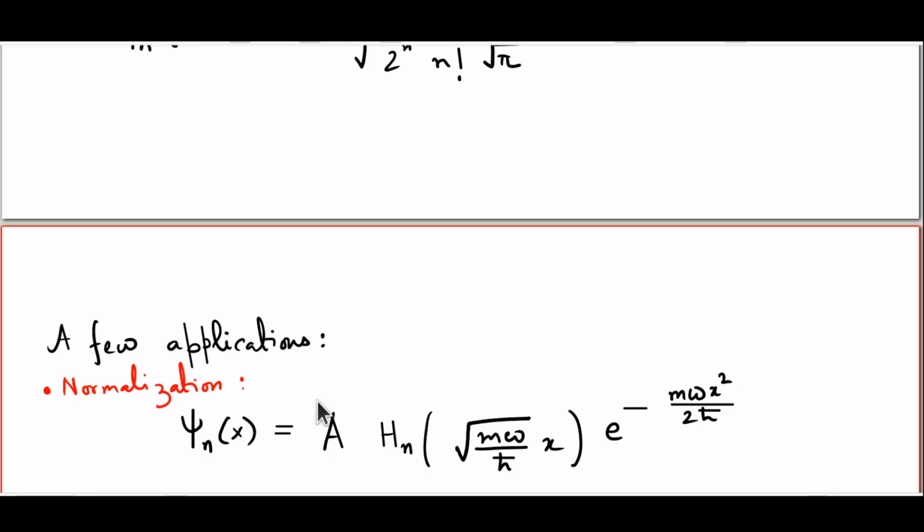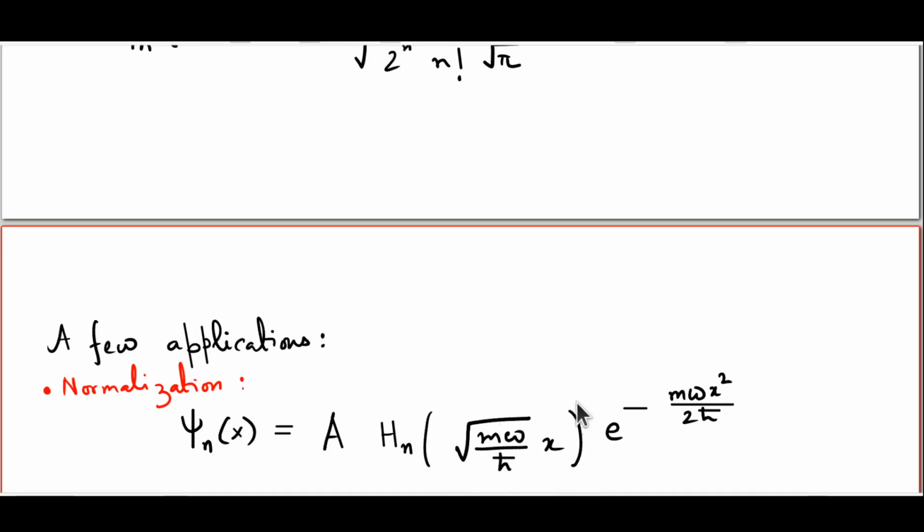Well, first the wave function is going to be a normalization constant times the Hermite polynomial of nth degree with x as an argument, but you have to supply the extra root over m omega by h cross factor, which remember is a factor which made x dimensionless and turned it into z.